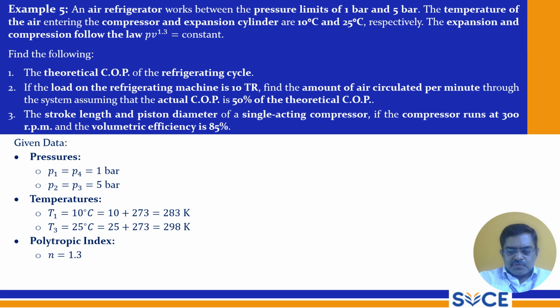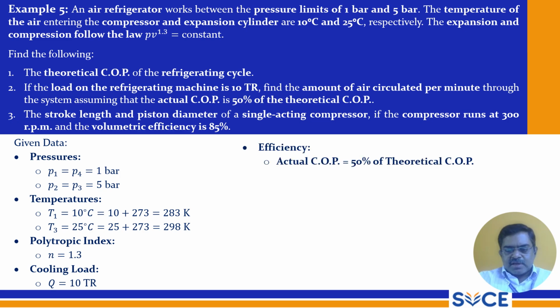T3 equal to 25 degrees Celsius, that becomes 298 Kelvin. And polytropic index n equal to 1.3. Cooling load Q equal to 10 tons of refrigeration. Actual COP equal to 50% of theoretical COP. Volumetric efficiency is 85%, that is 0.85.